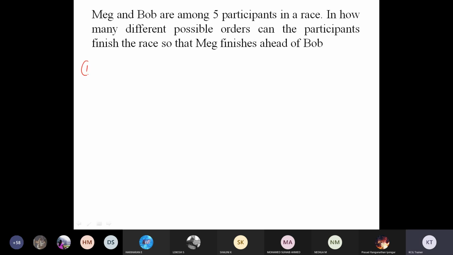If I consider that Meg is in the first position, out of the remaining 4 positions, Bob can take any one position. So Bob has 4 possibilities.